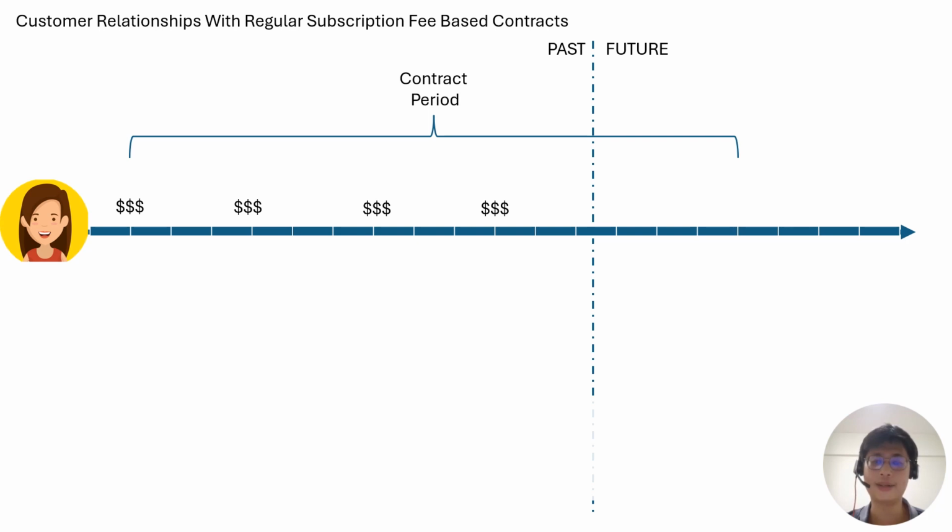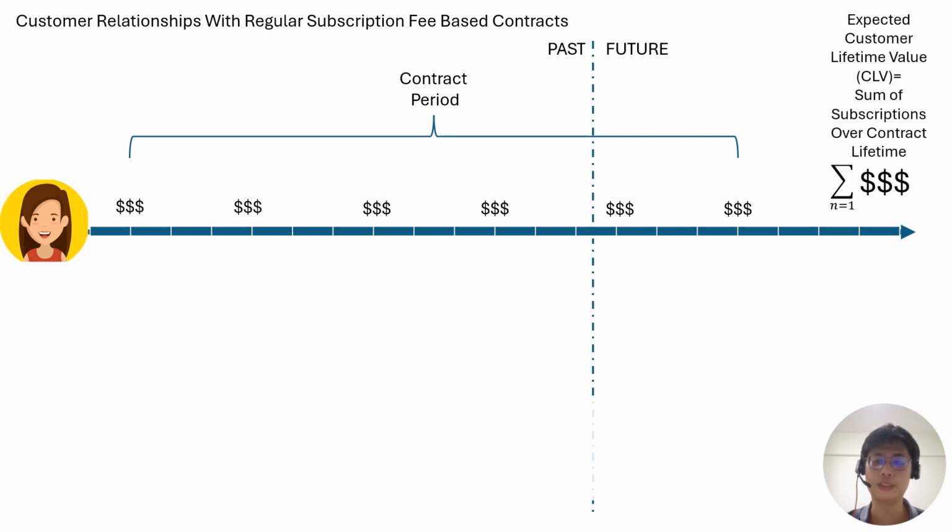In this kind of scenario, it's easy to make forecasts about the future because you know the interval at which you'll be expecting subscription fees, and you can almost, in a way, sum up all potential subscription fees, past and future, in order to come up with the expected lifetime value.